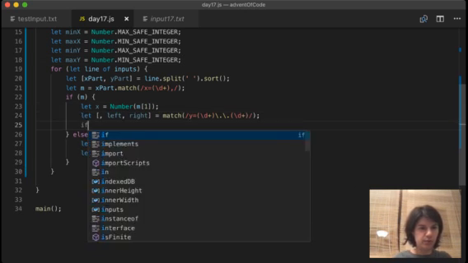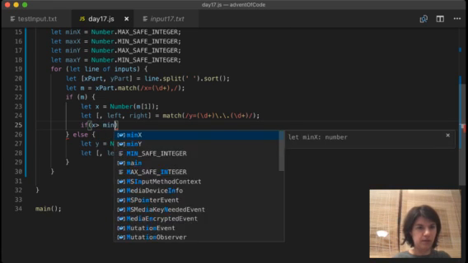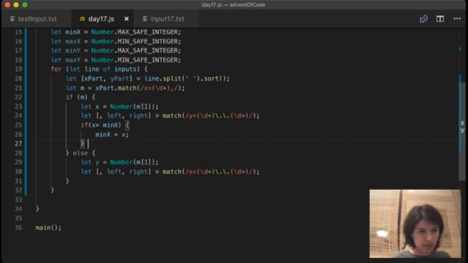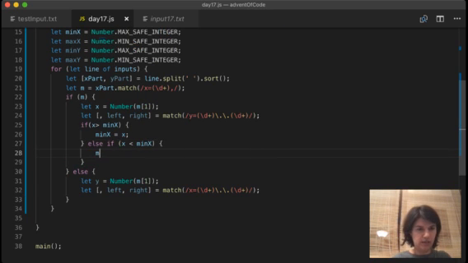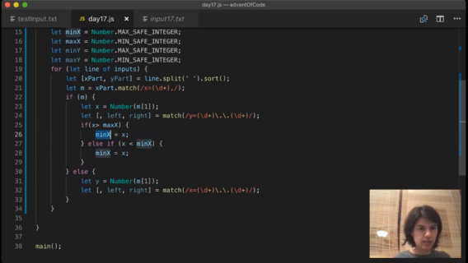So here I'm doing if x is bigger than min x, then min x is equal to x. Else if x is less than min x, then min x is equal to x. And of course, so it's bigger, it should be max x.